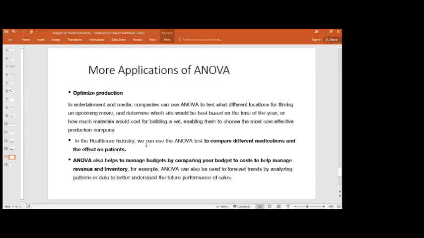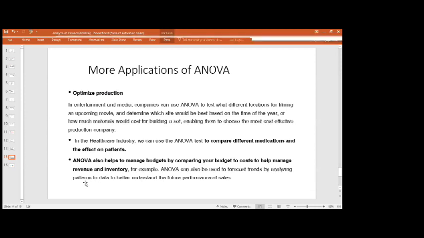In the healthcare industry, we can use the ANOVA test to compare different medications and their effects on patients. ANOVA also helps to manage budgets by comparing your budget to cost to help manage revenue and inventory. For example, ANOVA can also be used to forecast trends by analyzing patterns in data to better understand the future performance of sales.